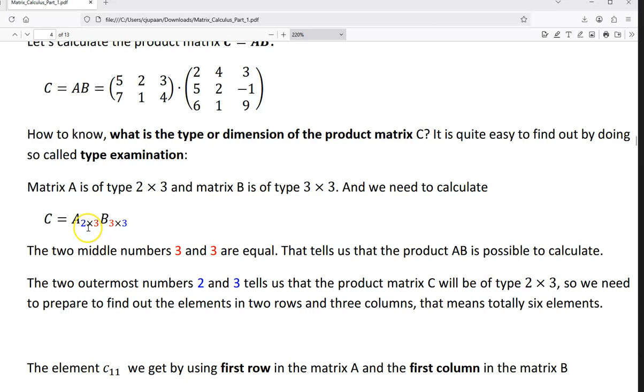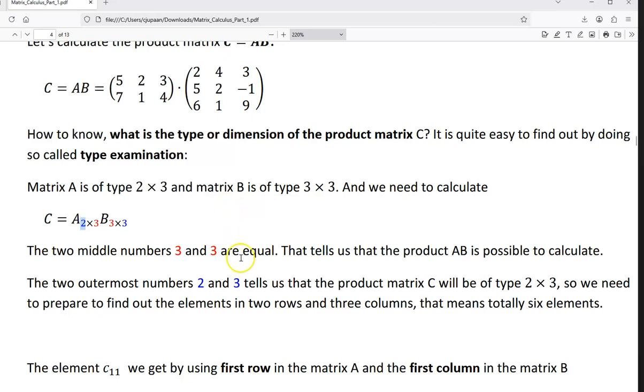If this A matrix had, for example, 10 rows, now it has 2 rows, then this number would have been 10. It is also possible to calculate, but then the result would have 10 rows and 3 columns.